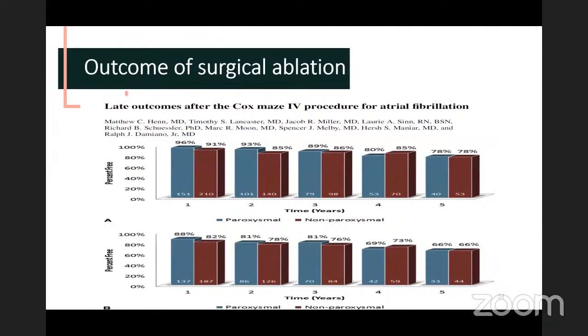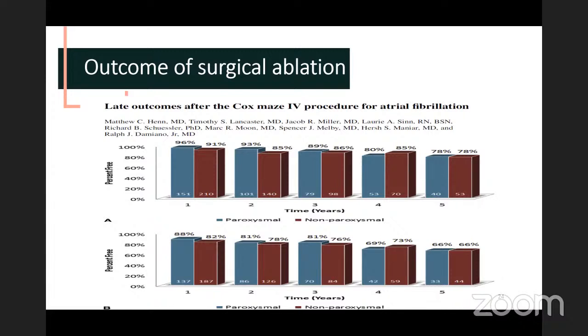This study shows the late outcome after the Cox-Maze procedure for atrial fibrillation. In this study, they examined both paroxysmal and non-paroxysmal AFib. It examined the previous theory, from previous studies, of a higher rate of sinus rhythm with paroxysmal AFib versus non-paroxysmal long-standing AFib.